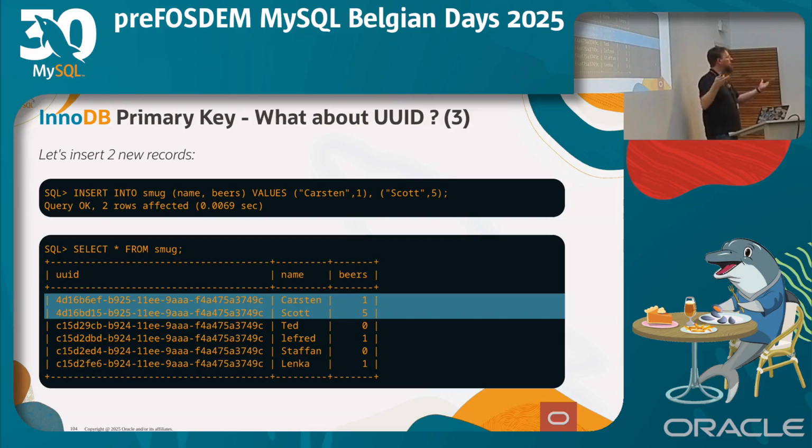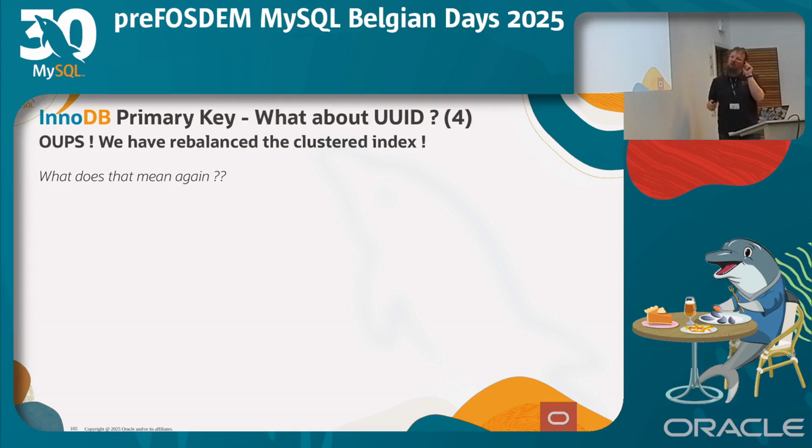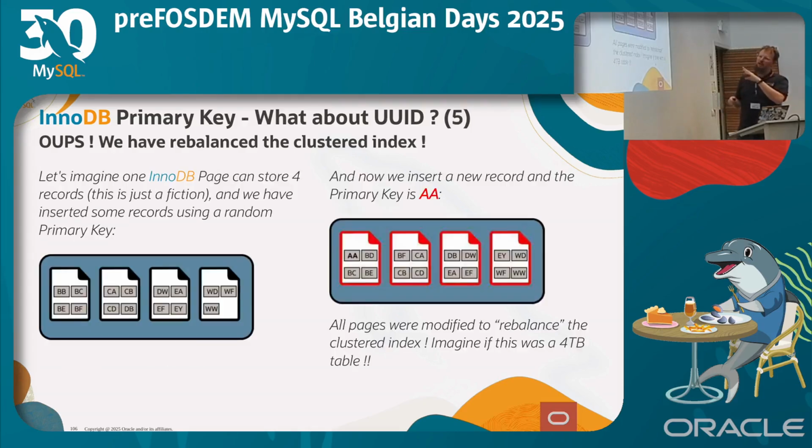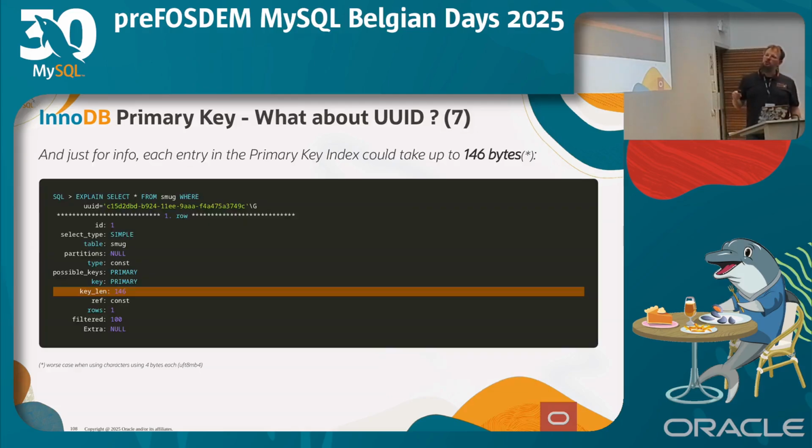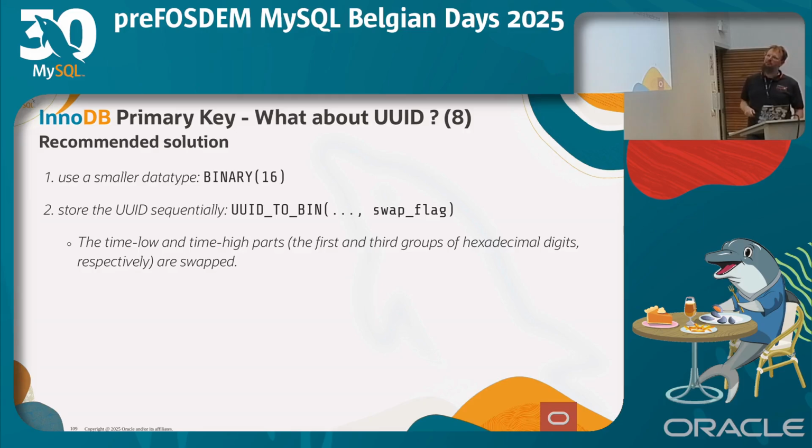So we have to rebalance here. So oops, rebalance the index. I don't want to explain what rebalancing the index is. We saw that already. So this is how it looks like with this UUID, very ugly. And we can see also this primary key, it's quite large, can be up to 146 bytes that will be added to every other index.